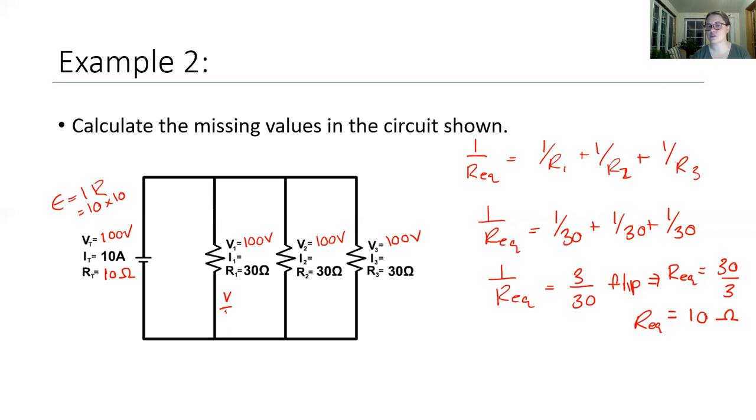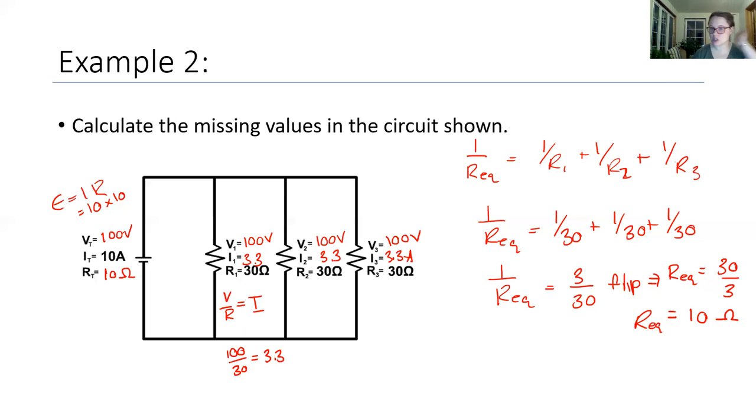So voltage over resistance, or E over R, is equal to I. So we can plug that in. 100 over 30 is equal to 3.3. And because of rounding, we get 9.9, but that's perfectly acceptable. 3.3 amps.